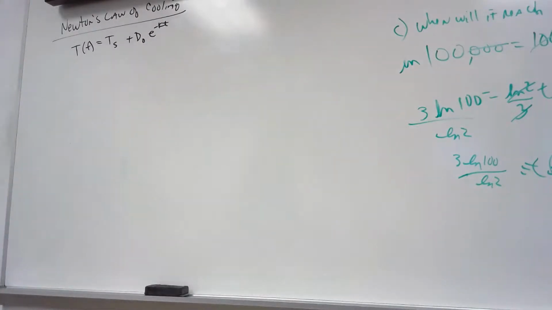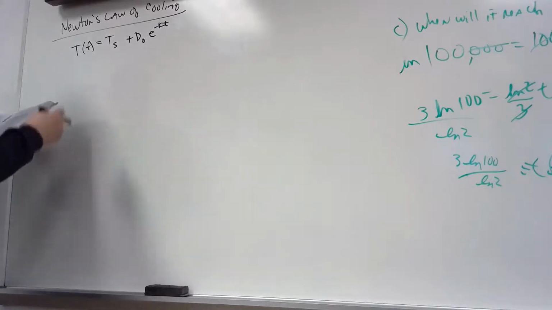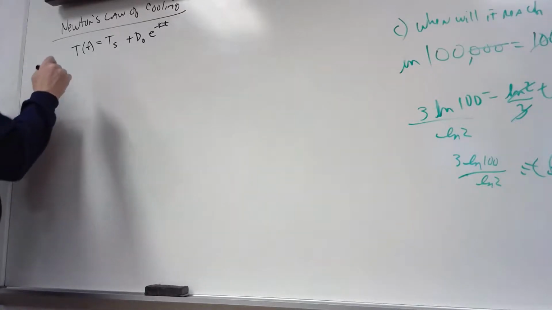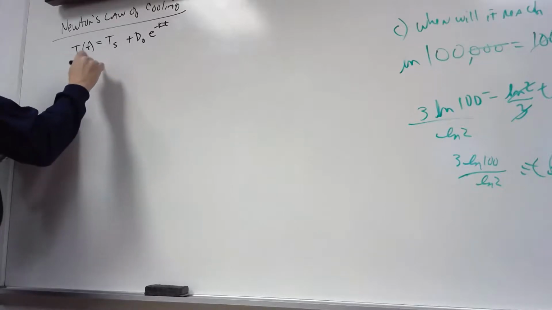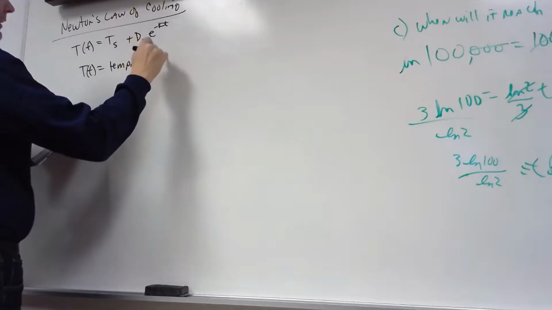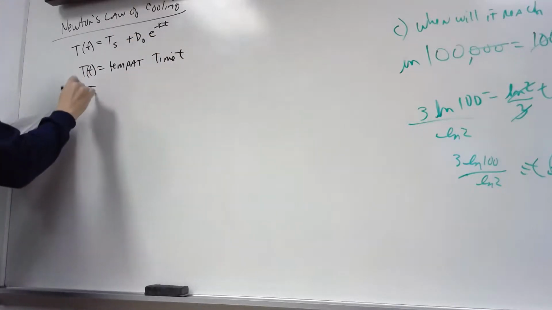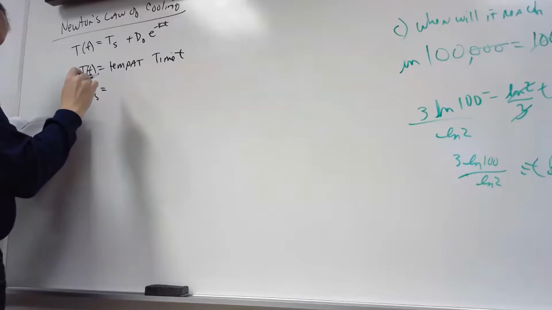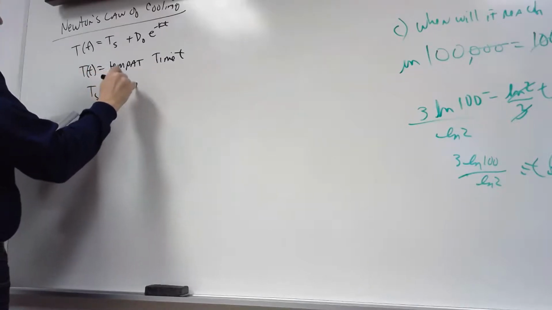Now, a couple things that we need to know. This T of t is the temperature at time t. T sub s is the surrounding temperature.